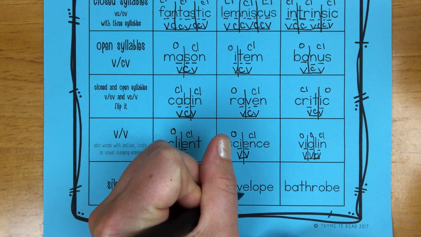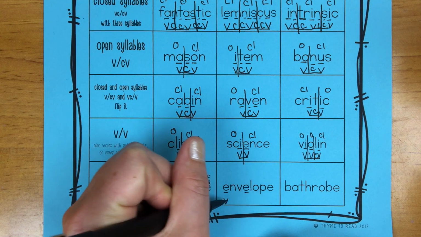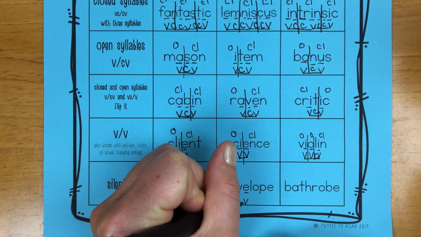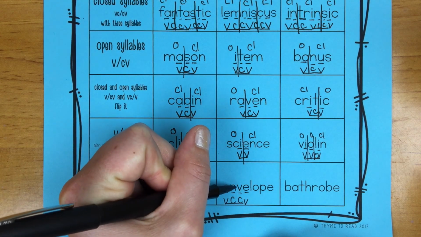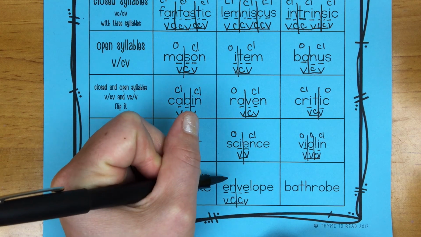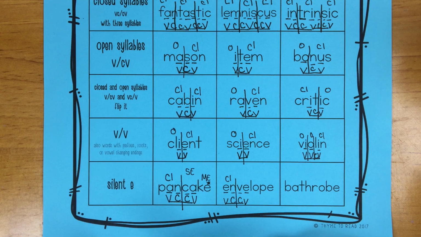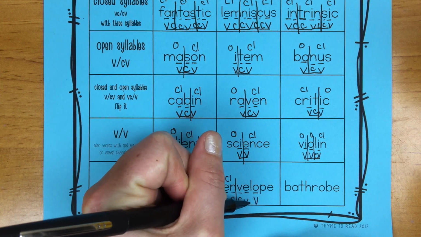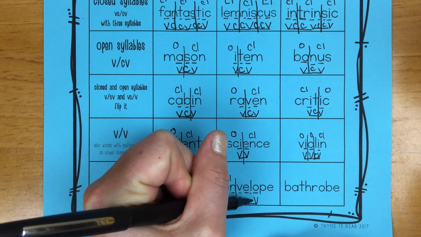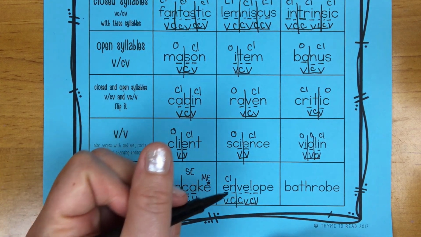Look for your vowel sounds. Label your consonants. Divide between. We can cover up the first syllable and see what is left. I have another vowel sound with one consonant.